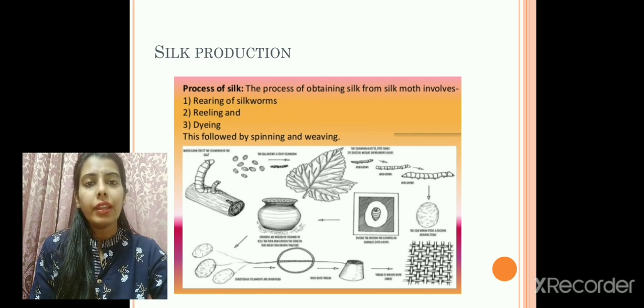Once they are boiled in the hot water, the threads can be reeled out. This is called reeling out of the thread from the cocoon. And now these thin strands or fibers which are obtained are spun together to form a thick yarn, which can later be converted into a fabric by spinning or weaving. So this is how silk is produced from the silkworms.